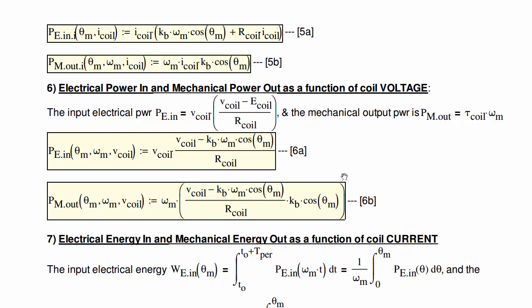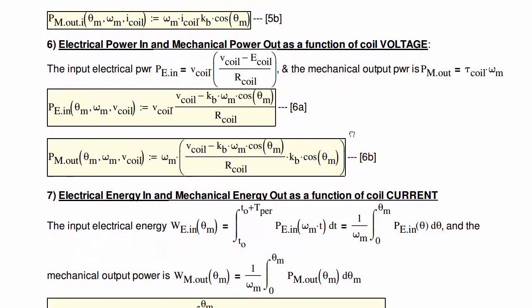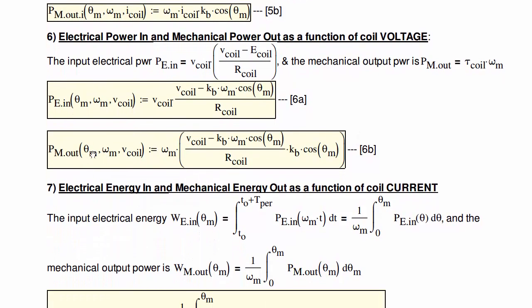The mechanical output power is still the same. But now in the arguments we no longer specify I coil, we specify V coil. So we can express these two powers as a function of the angular position, angular velocity, and the externally applied coil voltage. These are equation 6.